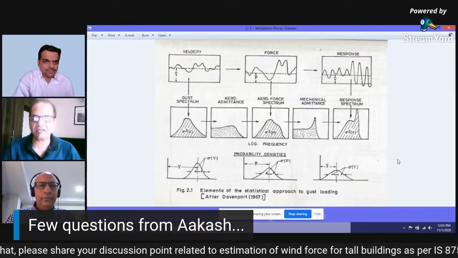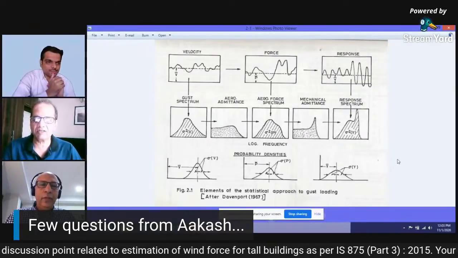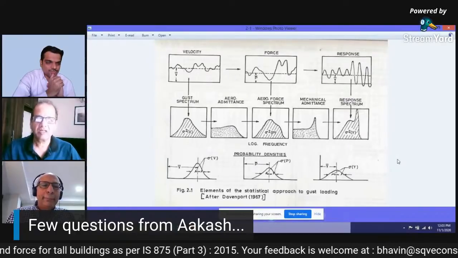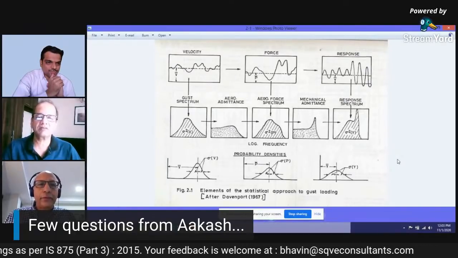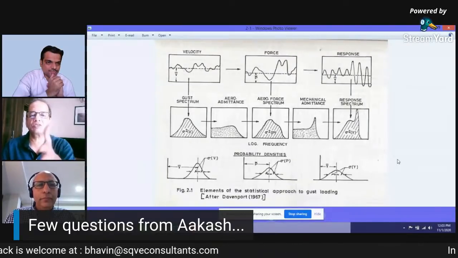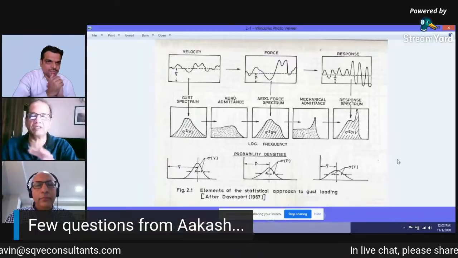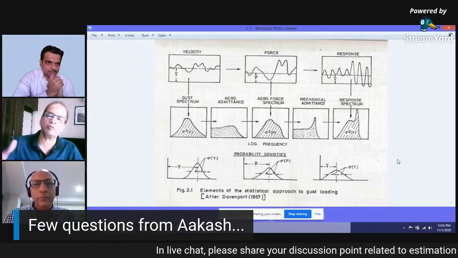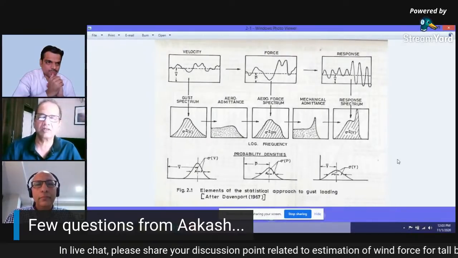This is the basic development of the Gust factor approach. If you look at the top three, there is a velocity fluctuation, then the force fluctuation, which is in concurrence with the velocity. If you see the pattern, the magnitude is amplified because it is v square, and then the response, which is again another fluctuation.